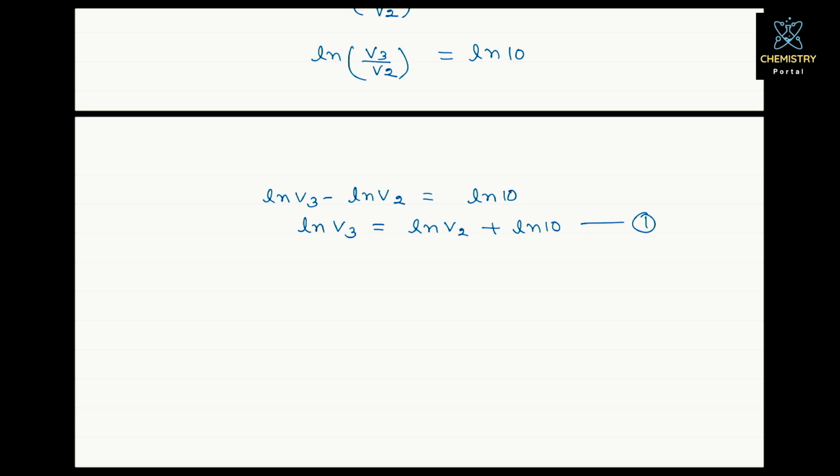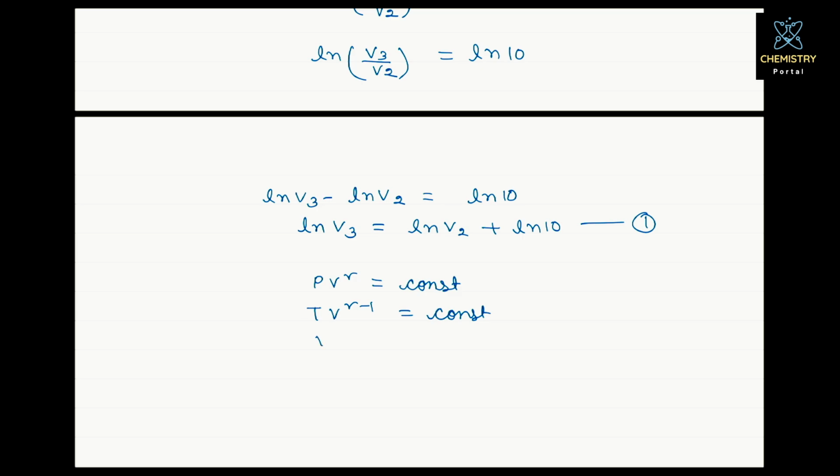V2 means A to B, which is a reversible adiabatic process. For a reversible adiabatic process PV gamma is constant, but we need the relation between volume and temperature, which is T V power gamma minus 1 equal to constant.